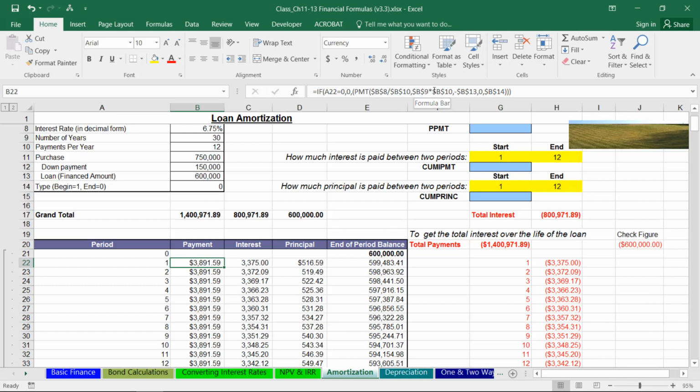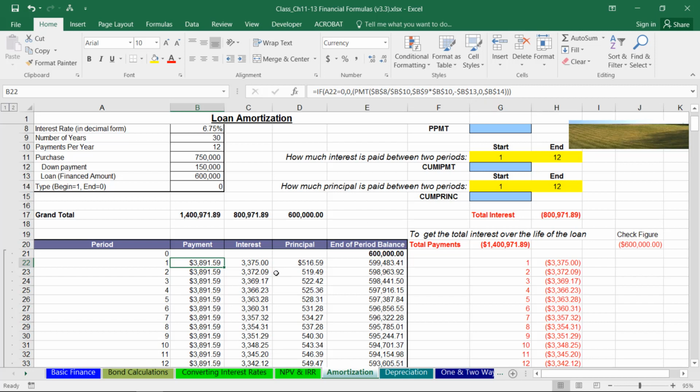Then we have B9 times B10, the number of periods, the number of years times how many times per year, minus B13, in order to show these positive, the loan amount, and we have a future value of 0, and the type is 0. In this case, B14 is 0.